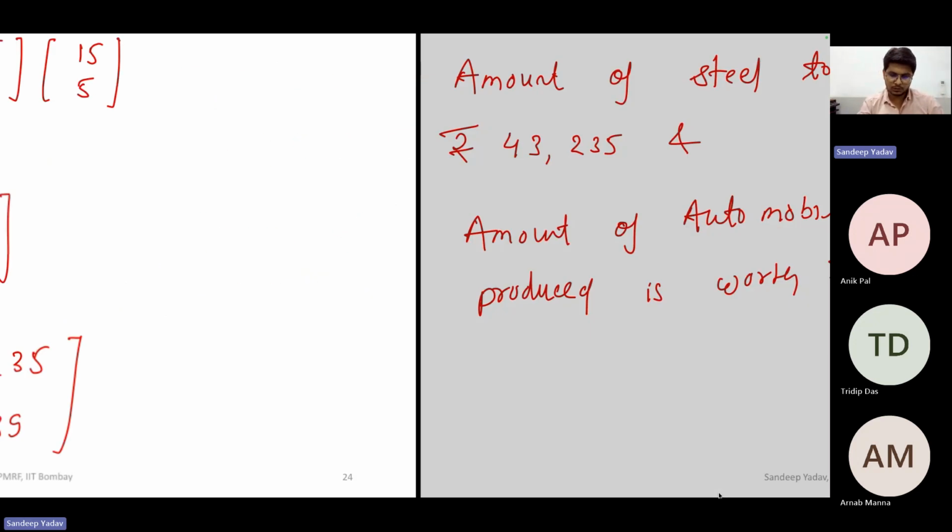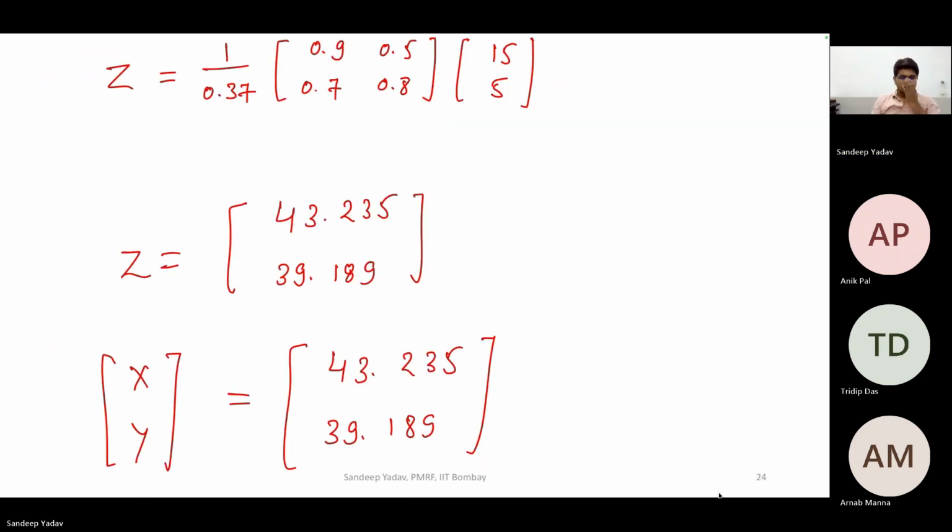If you have any doubt, you can ask. Sir, but in class, sir, you described that the diagonal should be more than one.